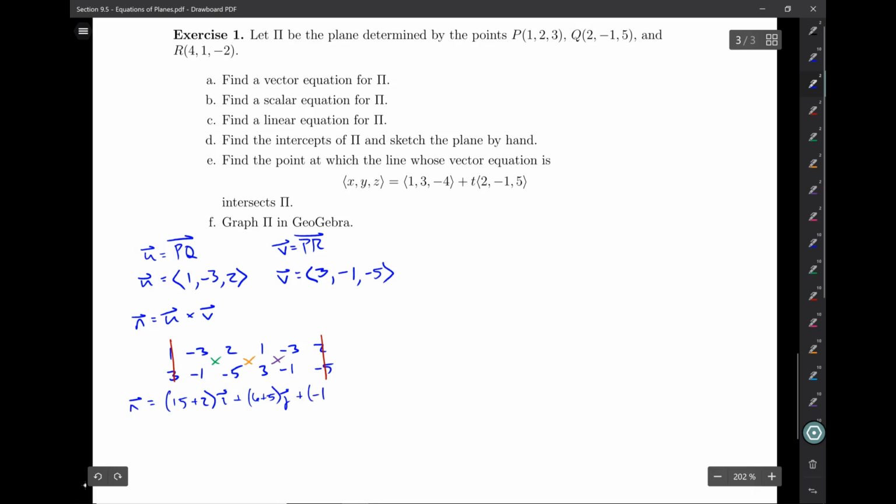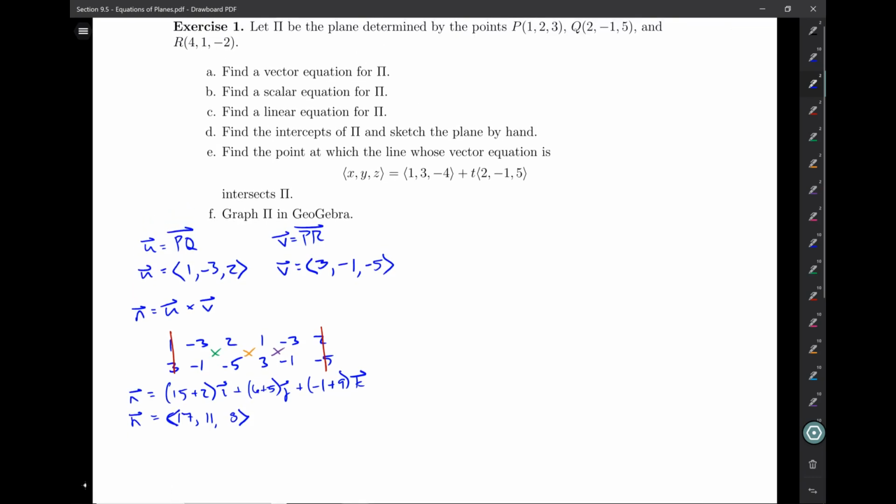Minus 3 times negative 3, so it's going to be plus 9. That's how many k's we have. So n ends up being the vector 17, 11, negative 8. Or sorry, this is actually a positive 8. So this is a vector, n, that is normal to our plane.